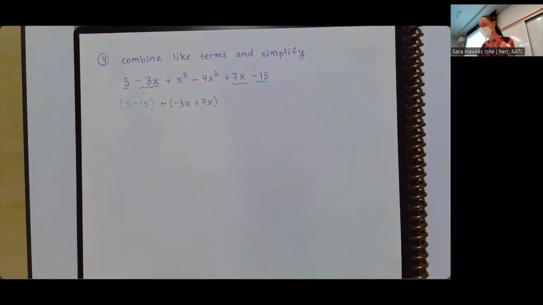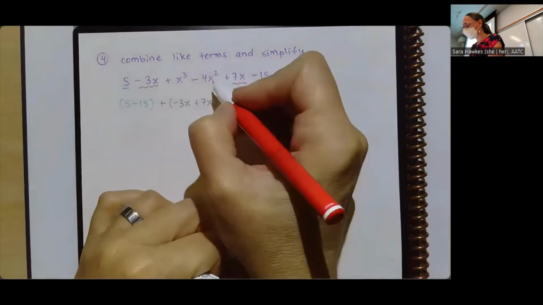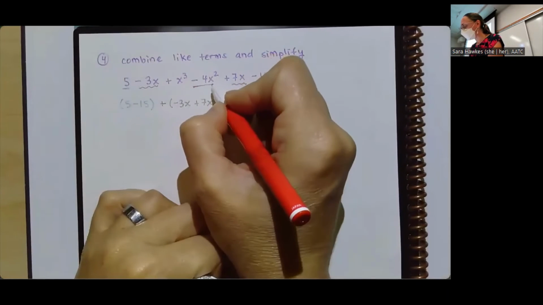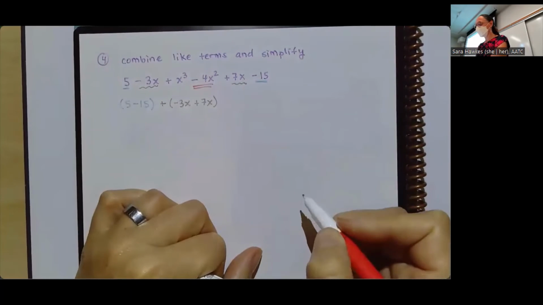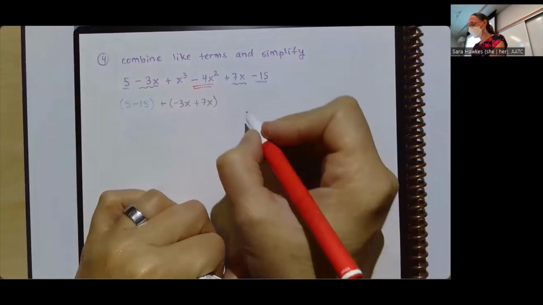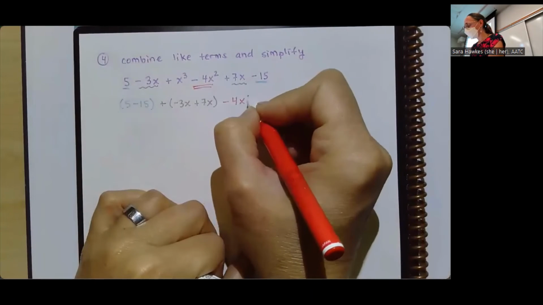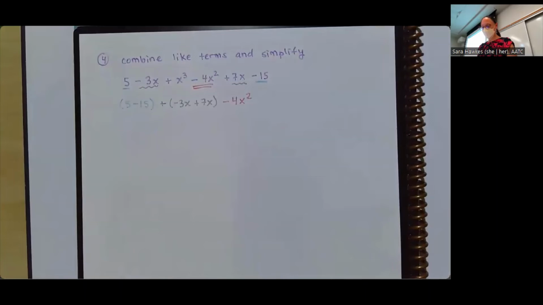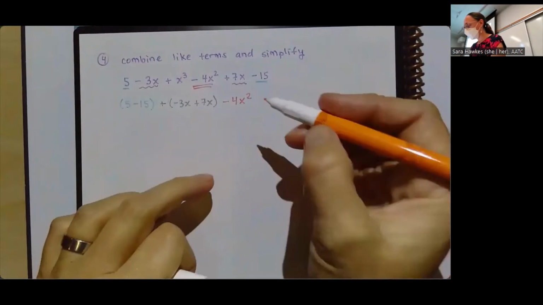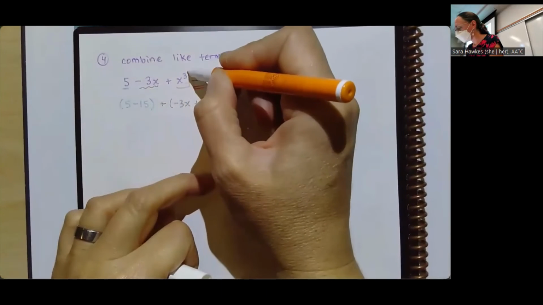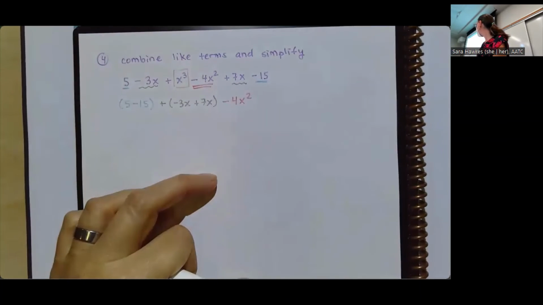Then if I'm just going by increasing powers, I only have one term that has an x squared. And I only have one term that has an x cubed.